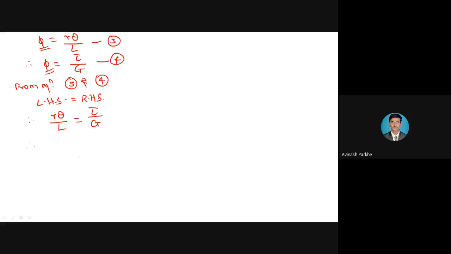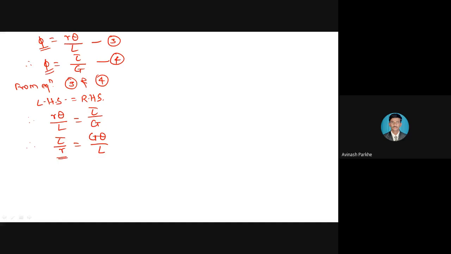And if I rearrange that particular term as per our requirement, that is, tau upon R is equal to G theta by L. What have I done? This tau is present at the right side, and this R is present at the left side. If I take this R to the right side, it becomes divide.